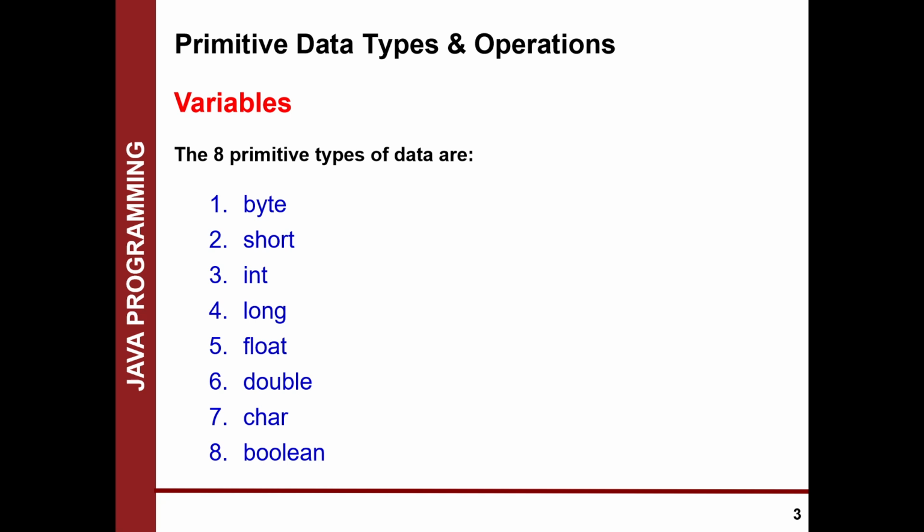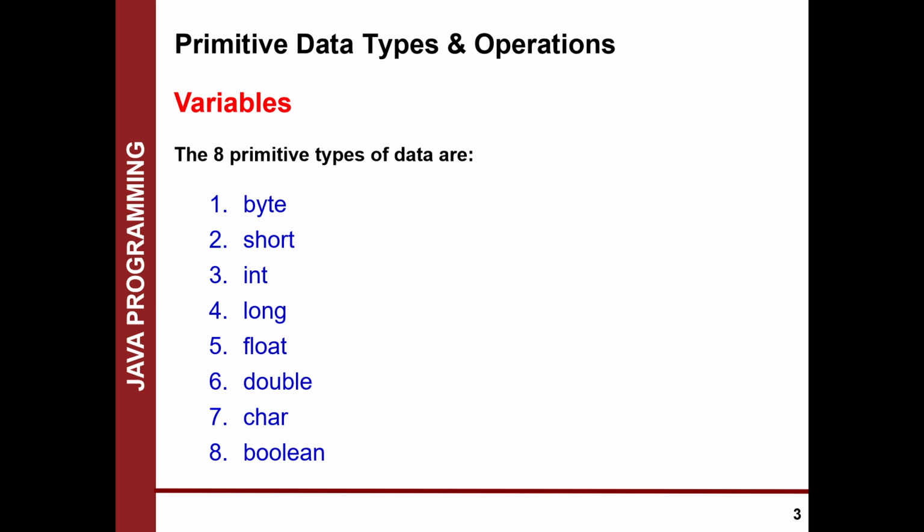Double, float, long, int, short, and byte are for numbers. Whenever we want to declare a variable in which we are going to store numbers, we can use any of these six. One thing is, double is for decimal values.